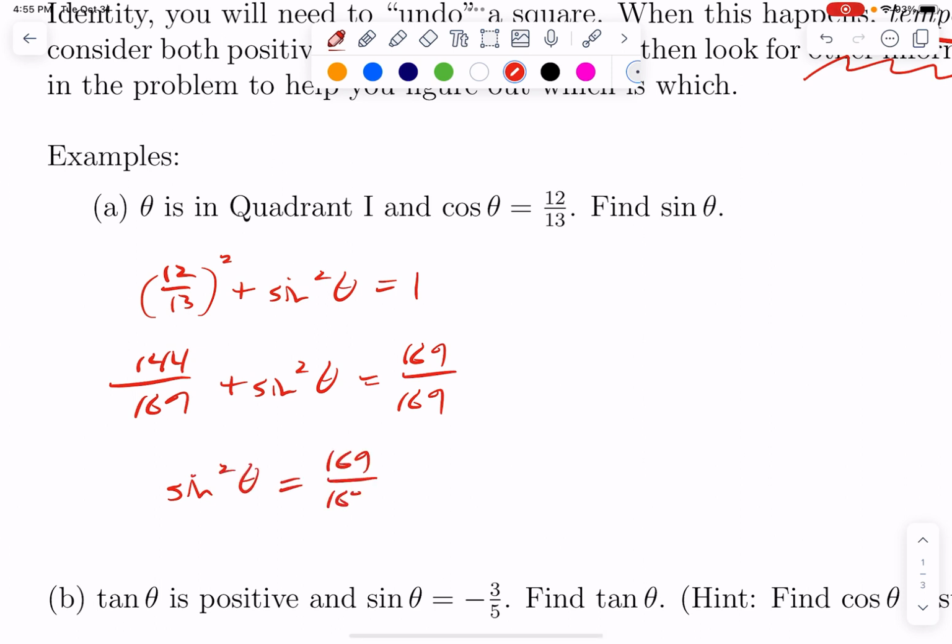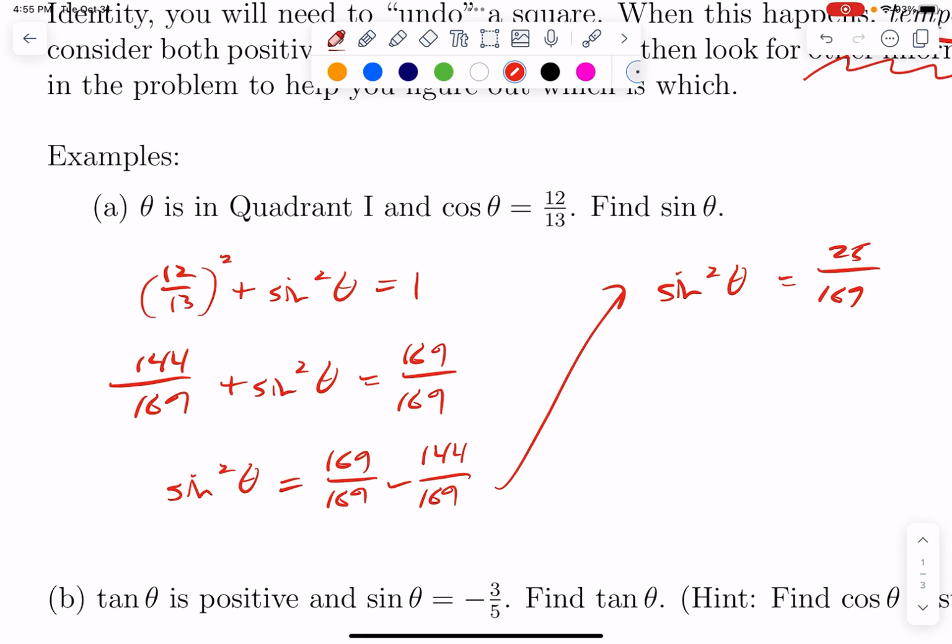So 169 over 169 minus 144 over 169. I get sine squared of theta equals 25 over 169. So that's the value of sine squared, but I want to know sine. So sine of theta will be plus or minus the square root of 25 over 169.